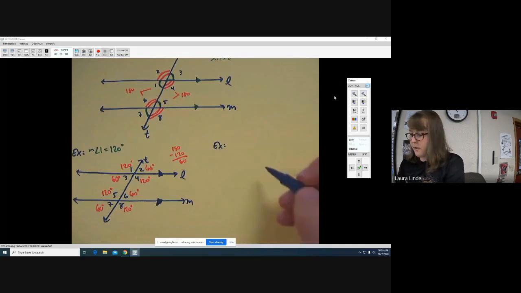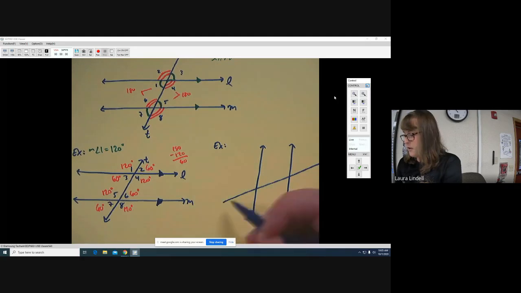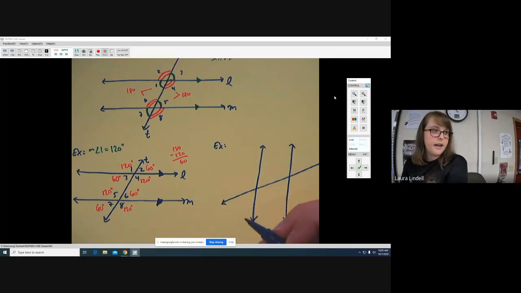Another kind of question we might see is going to look a little bit more like some of the IXL that you had yesterday with the letters and angles and everything.